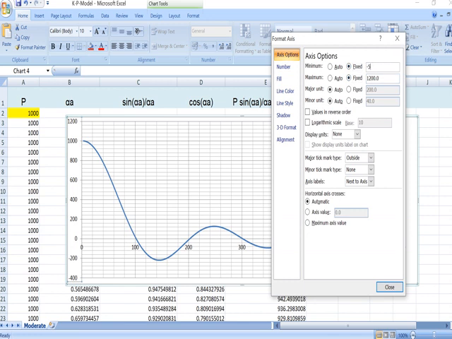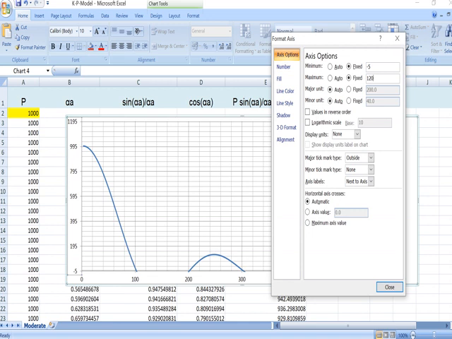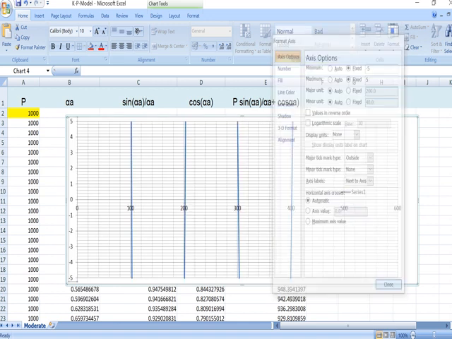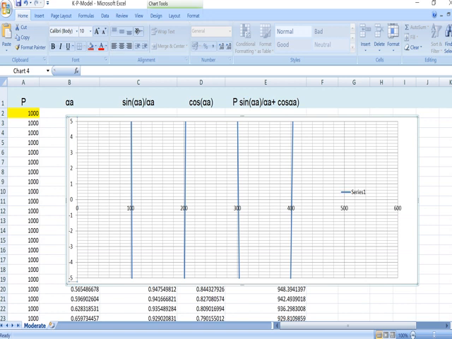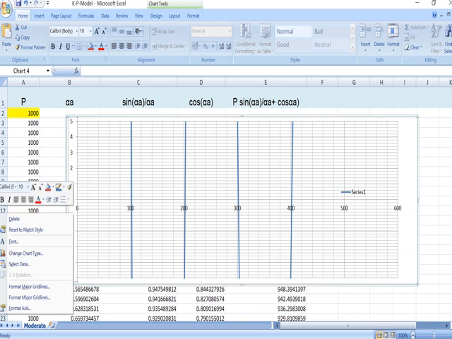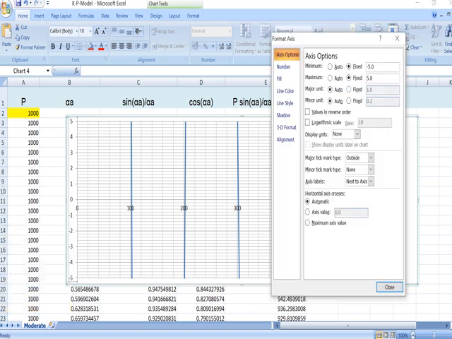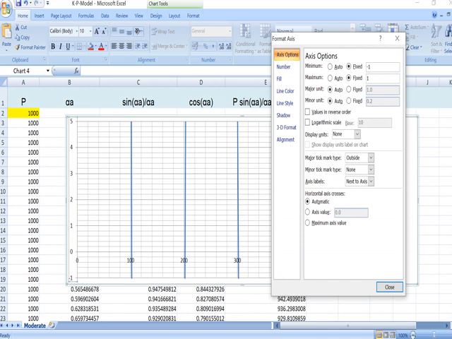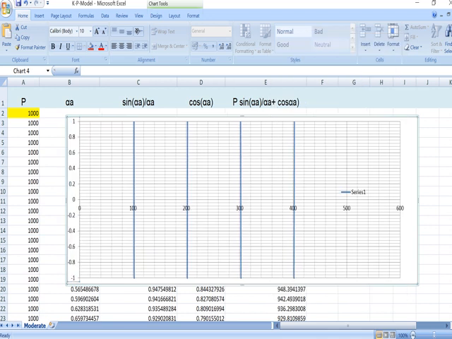First, I would zoom it between +5 and -5. Then let me, in one more step, zoom between +1 and -1.